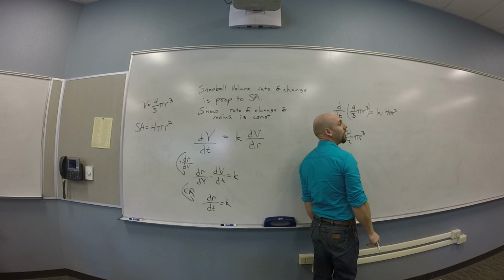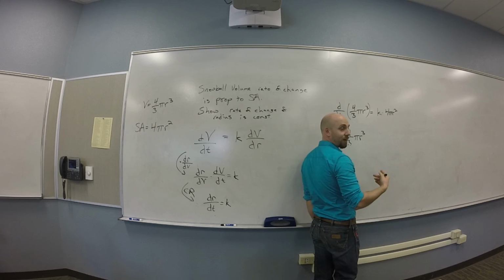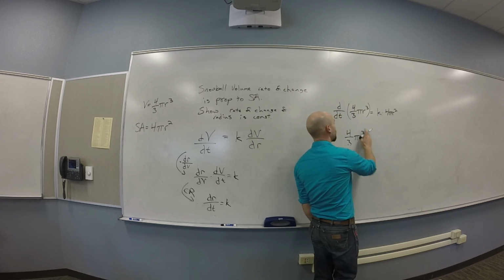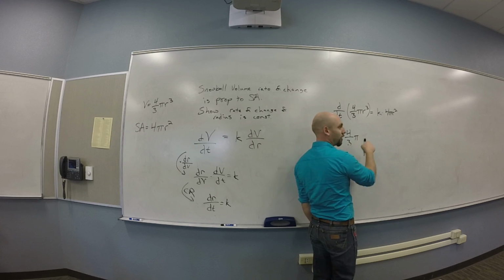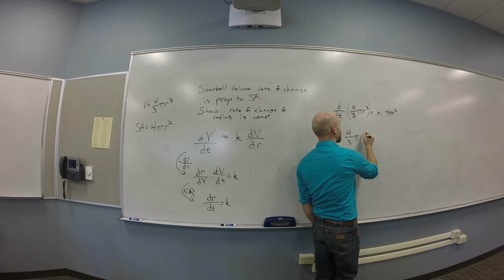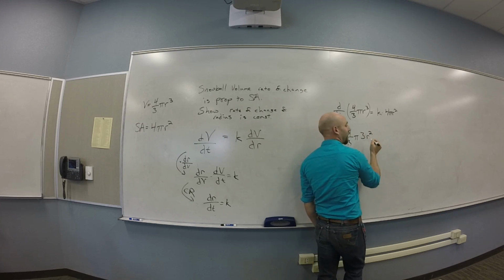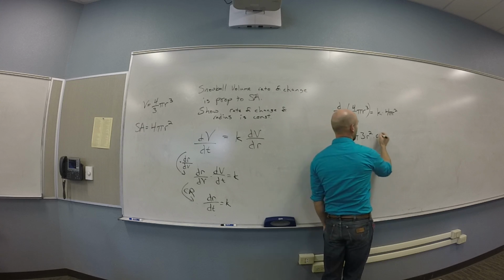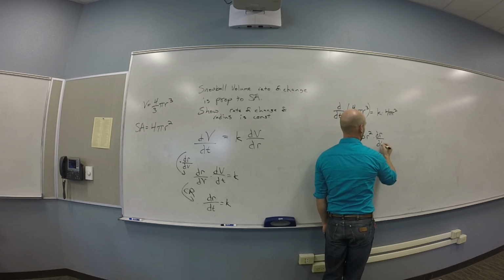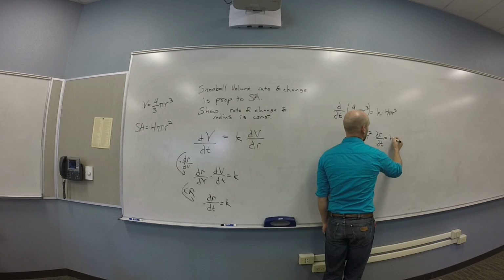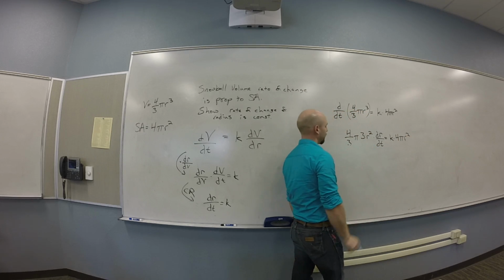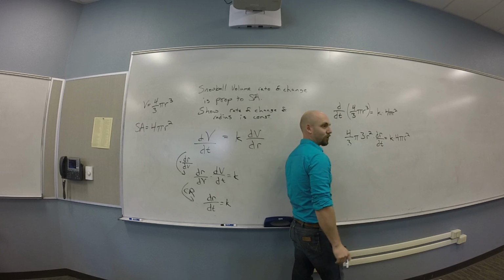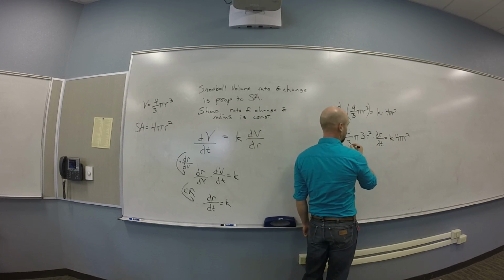Is r changing with respect to time? Yeah. Oh, so I needed the chain rule here, right? Because r was a function of time. So I need my 4/3 pi, but then r is a function of time, so I get 3r squared times dr dt. And that's k times 4 pi r squared. And then you can divide by a bunch of stuff here.